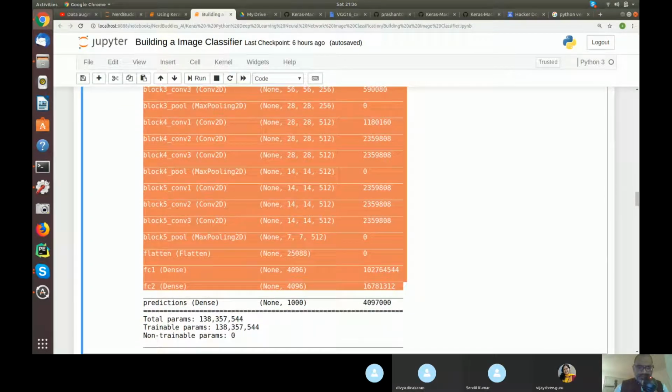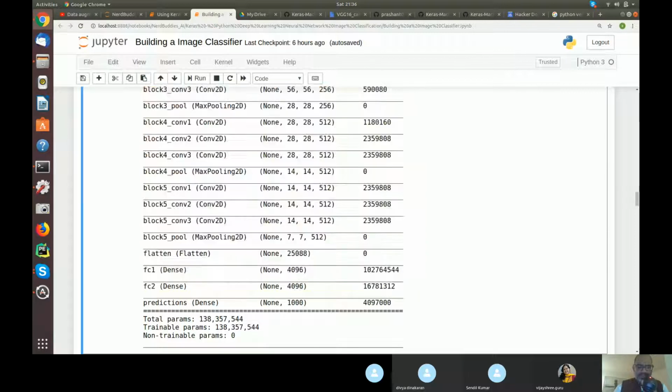So we'll freeze all that. We don't need to change anything. We will just change one layer, which is the predictions. Here there are 1,000 categories. We replace that by 2 categories. And we'll tell it to learn just the weights of that layer. So it's important to understand this concept. Does this make sense?